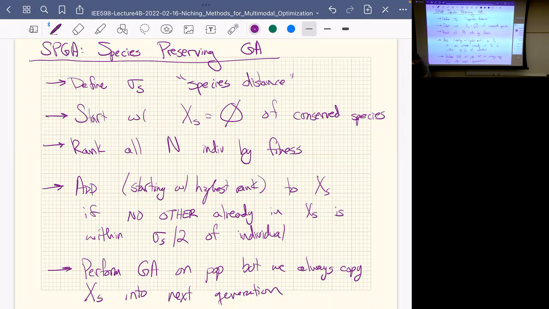So those are the major themes in niche preserving approaches for multimodal optimization. As we walk through those, I hope you can imagine in the back of your head what the computational complexity might be for these.